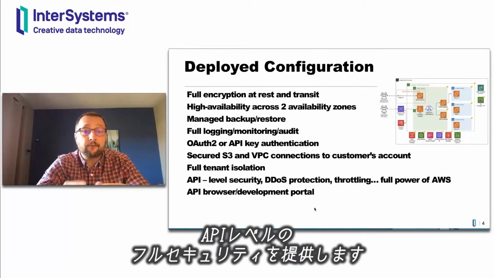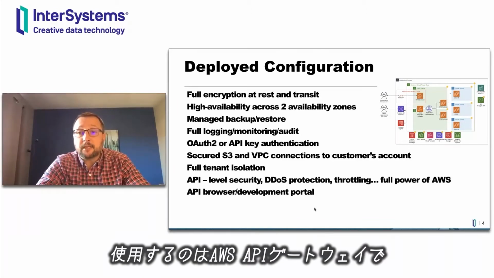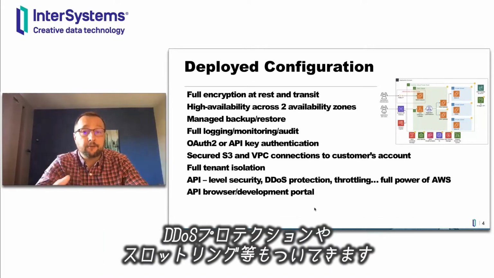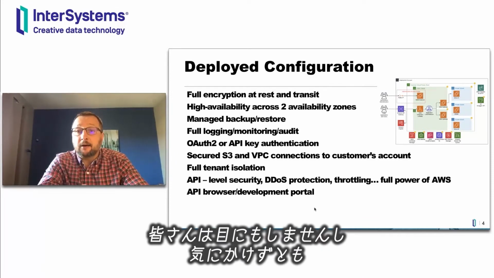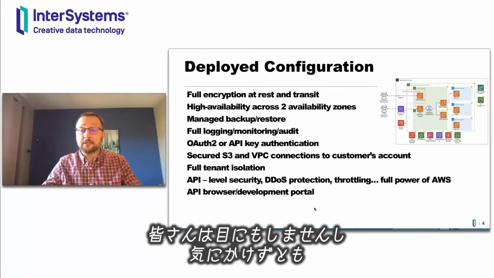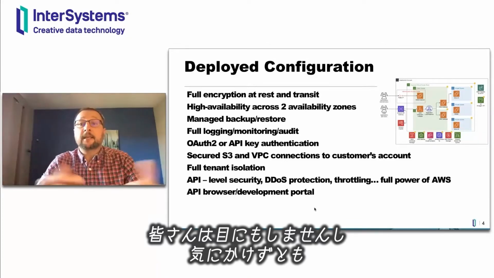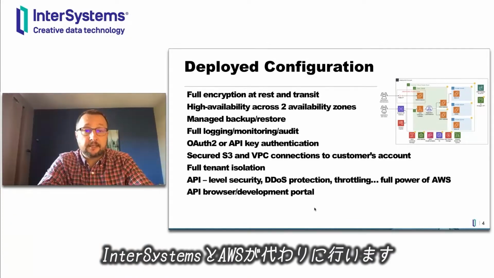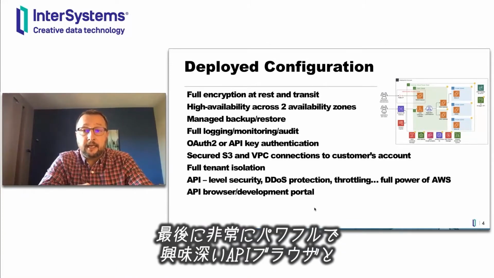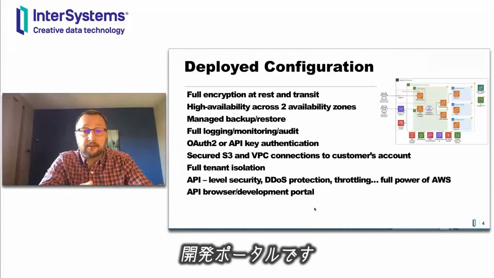We give you full API level security. We use AWS API Gateway, which out of the box comes with DDoS protection, throttling, and a whole bunch of things that you don't see and don't have to care about, but InterSystems and AWS take care of for you. And last but not least, we have a very powerful, very interesting API browser and development portal that you can use.